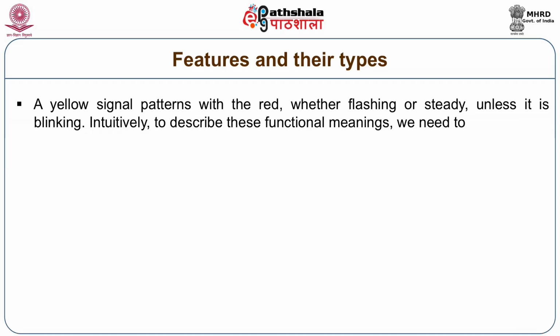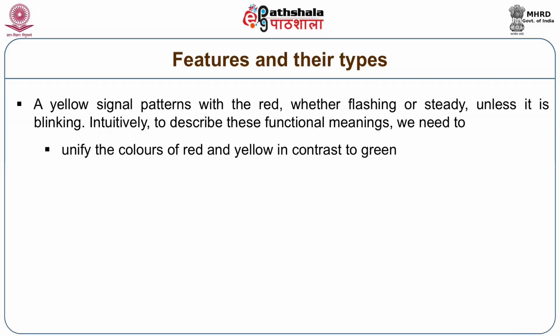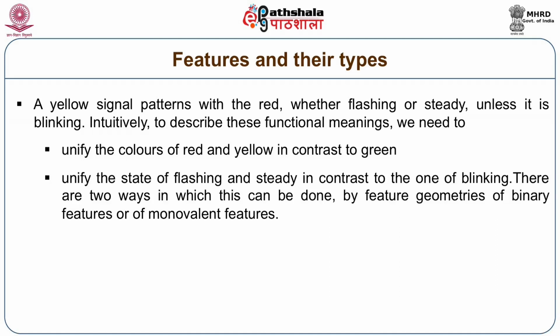So now, in order to describe this contrast, which takes red and yellow together versus green, we need to be able to come up with a feature geometry that unifies red and yellow in contrast to green, and also makes a difference between flashing and steady in contrast to blinking. There are two ways in which we may do so.